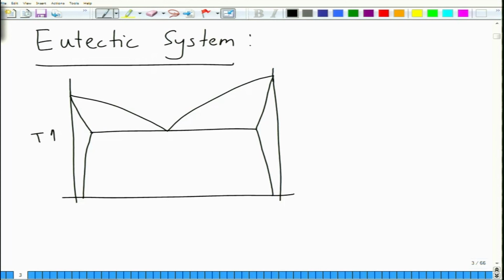This is temperature, this is percentage B, and here you have the liquid phase, alpha solid solution, beta solid solution, and two phase regions.